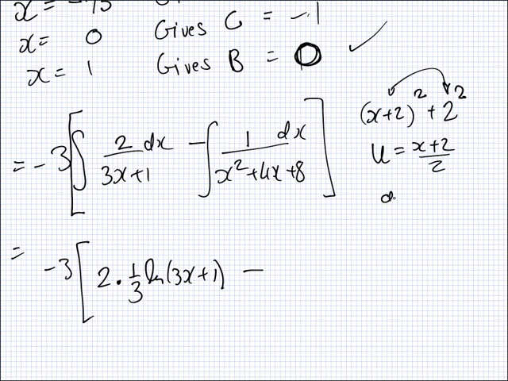Okay? So what does du dx equal? It equals a half. So that means dx equals 2 du. Yeah? Wait. Why is it a half? Du over dx is equal to? Because this is a half x plus 1. A half x plus 1, what's the derivative?